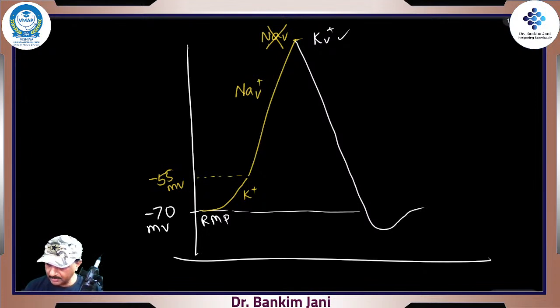Initially it was potassium efflux, potassium leaving, and then sodium influx. At minus 55, they trigger, the voltage sensitive sodium channels open, a large amount of sodium comes in, and the action potential fires.